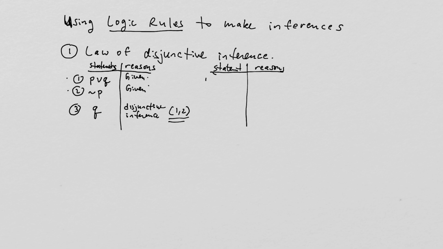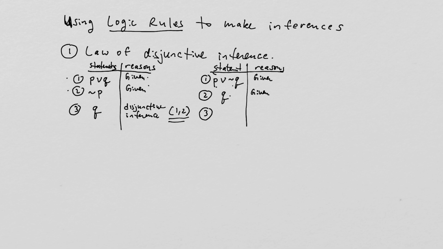Now this second one is going to look a little different. If it said P or not Q, if that was given, and you're also given Q. So it doesn't look exactly like it, but it actually is, because P or not Q means that one of those things has to be true.